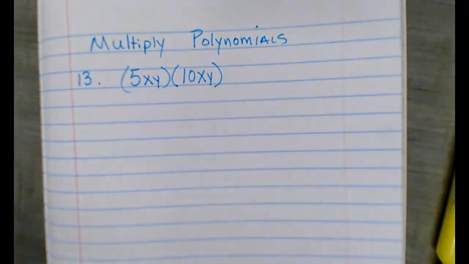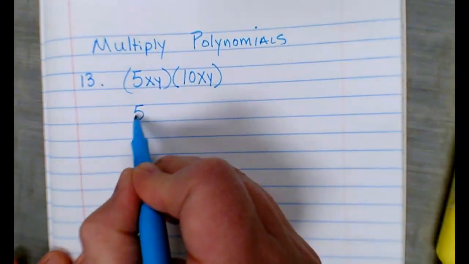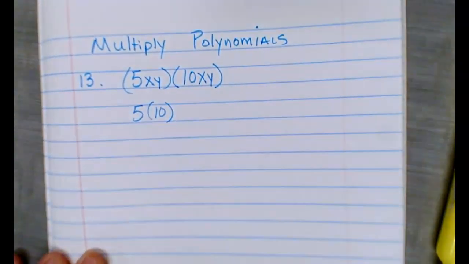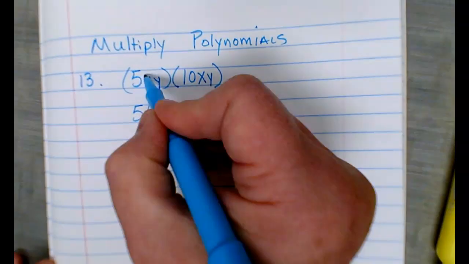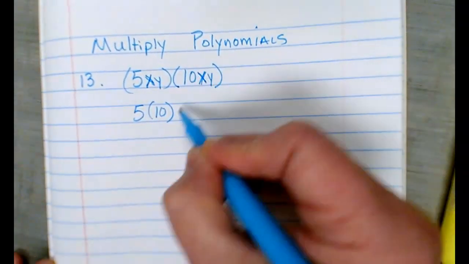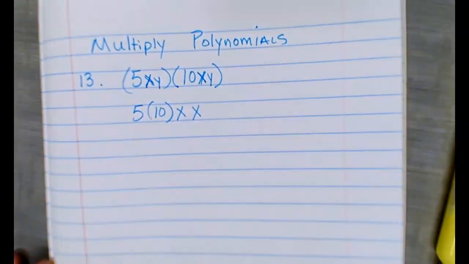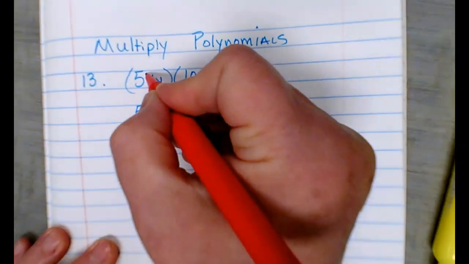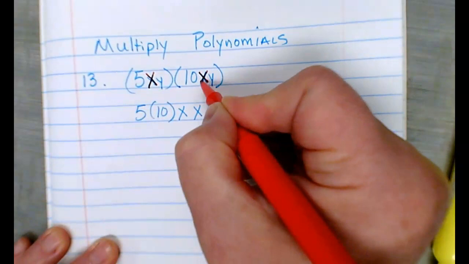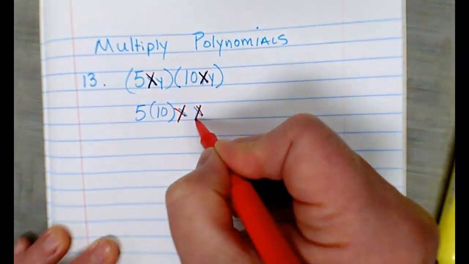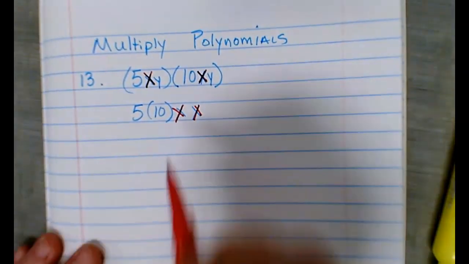When you multiply polynomials, I need to multiply the whole numbers together. I need to multiply the variables that are the same together. This x multiplies by that x.